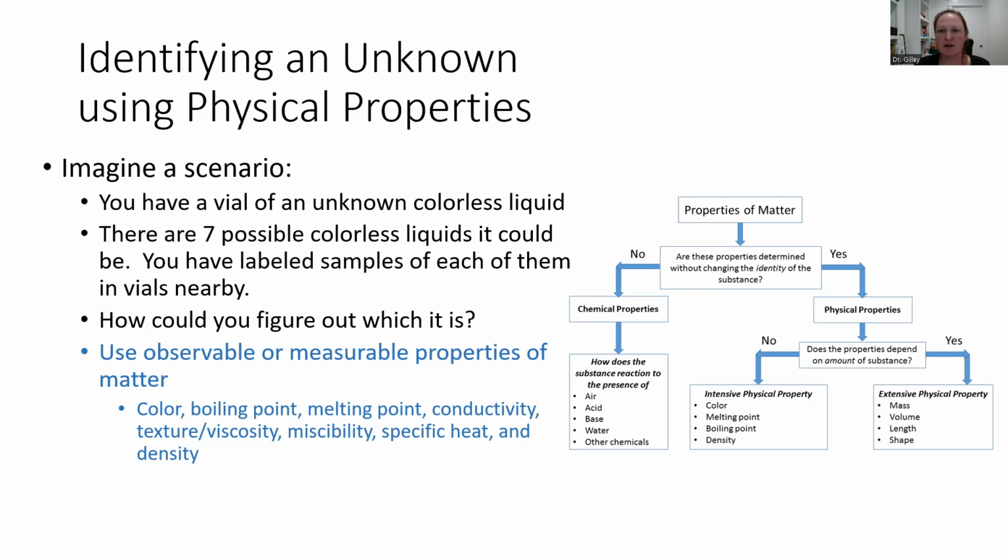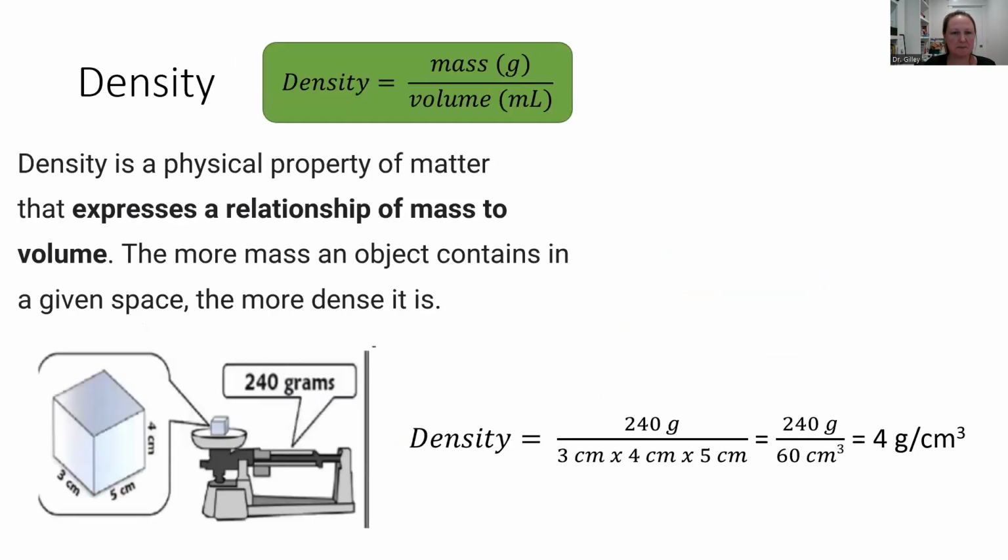Certain things like that, where it depends on the amount, would be an extensive physical property. But there are also intensive physical properties that don't depend on the amount, such as the color, the density, melting point or boiling point, right? Those don't change if you have a different amount of the substance.